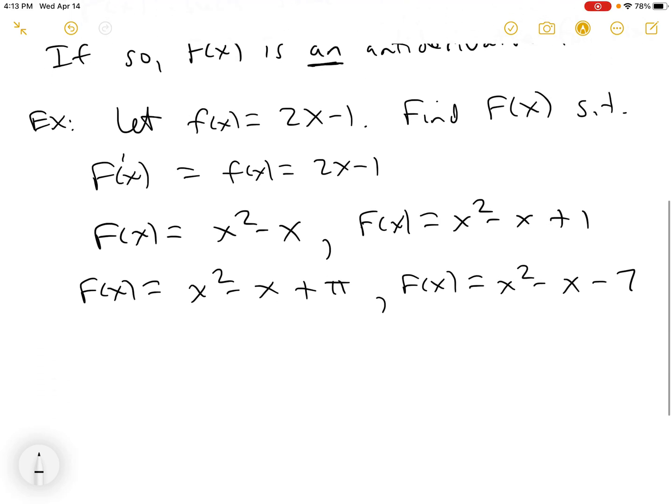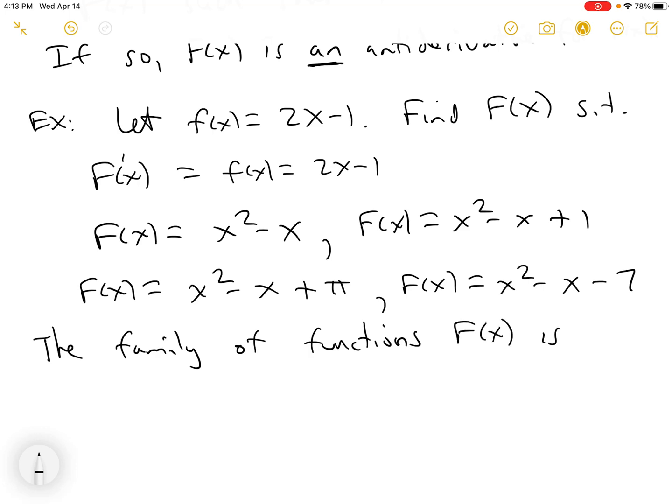There's infinitely many. In fact, there's a whole family of functions. So the family of functions F of x is the family of antiderivatives.